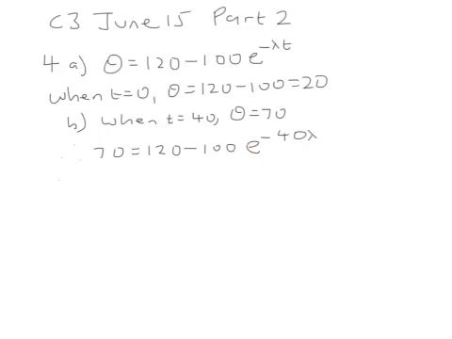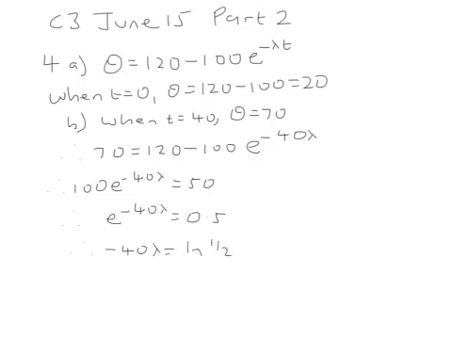So we get 100 e to the minus 40 lambda equals 50. So therefore e to the minus 40 lambda is 50 over 100. So therefore minus 40 lambda is ln of a half. So therefore lambda is minus 1/40th of ln of a half.